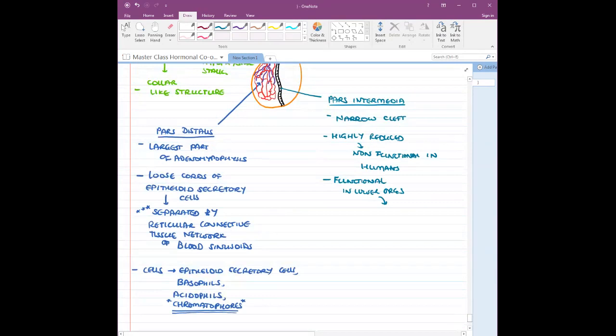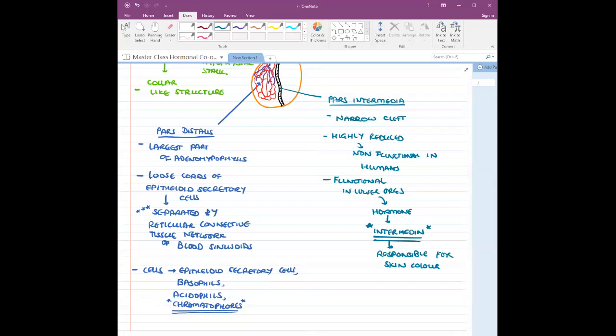This is the one which produces a hormone called intermedin, and this hormone intermedin is responsible for skin color. Not in us, it is in your lower organisms. In us it is going to be melatonin, melanocyte stimulating hormone. Those are different ones. Here you have to look out for intermedin.